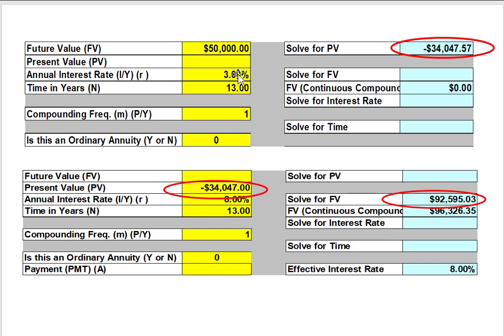So here's our example. Here's the first one. $50,000 a future. What's that worth in today's money if inflation's 3%? That's worth roughly $34,047 and some pennies.